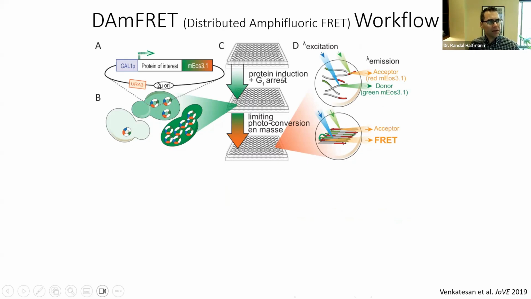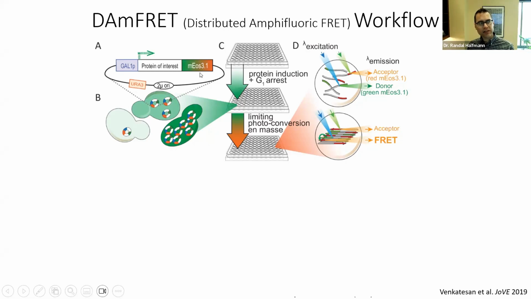And so basically how this works, DAmFRET stands for distributed amphifluoric FRET, and the distributed refers to the x-axis. So we're probing a wide range of concentrations. And amphifluoric refers to the particular technique we developed to assess self-assembly. And so basically what we're doing is we're expressing in this diagram, in yeast cells, our protein of interest fused to a photoconvertible protein, mEos3.1.